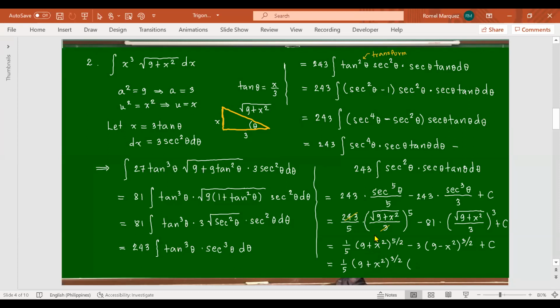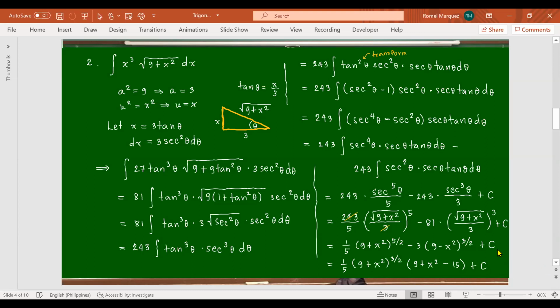If I factor out 9 plus x squared raised to 3 halves, we have 9 plus x squared raised to 1, to complete 5 halves, minus, for the other term, 15, plus c. Did you get that, guys?